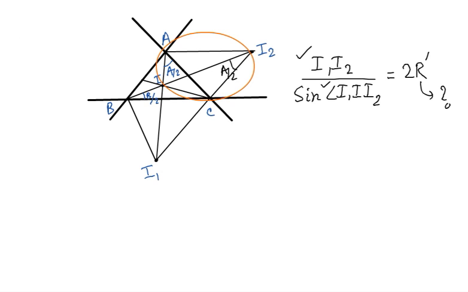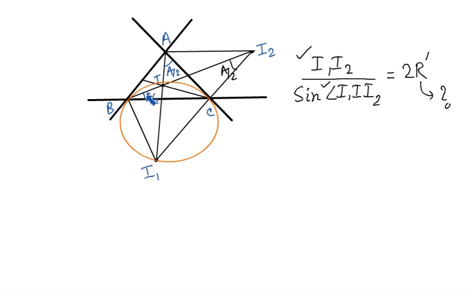Similarly, a circle can also be passed through B, I, C, I1 for the same reason, because we can check that this is the internal angle bisector of B and this is the external angle bisector of B, so the angle is 90, and again this is the internal bisector of C and this is the external bisector of C, so this angle is also 90. So 90 plus 90 is 180, so this must be a cyclic quadrilateral. So these 4 points will be passing through the circle.